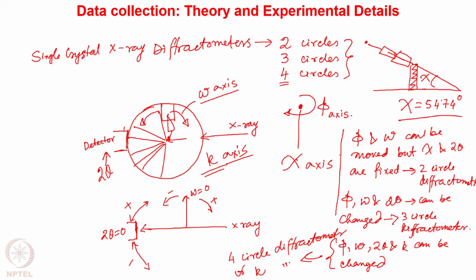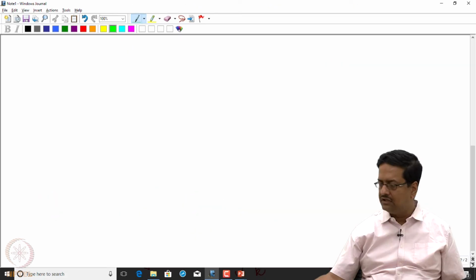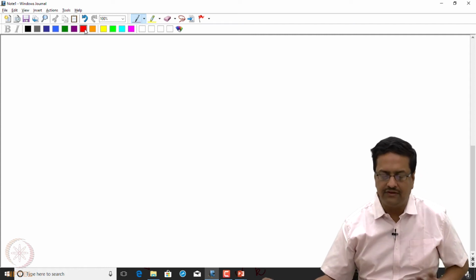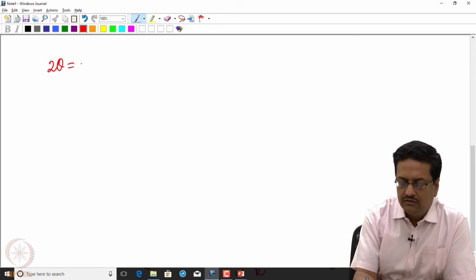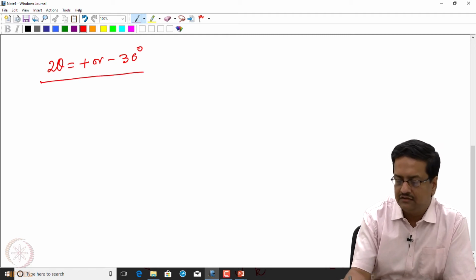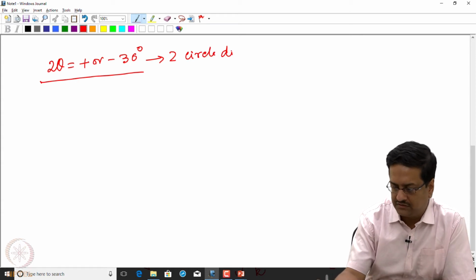In any 2-circle diffractometer, the 2 theta value is generally fixed at plus or minus 30 degree.